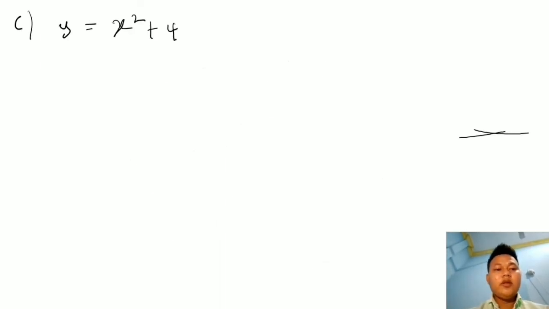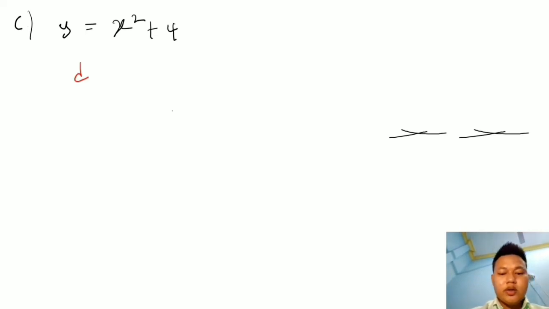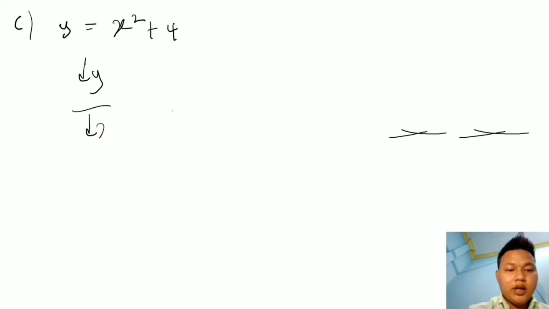For question C, y equals x squared plus 4. To answer this, we also use dy per dx equals 2x.